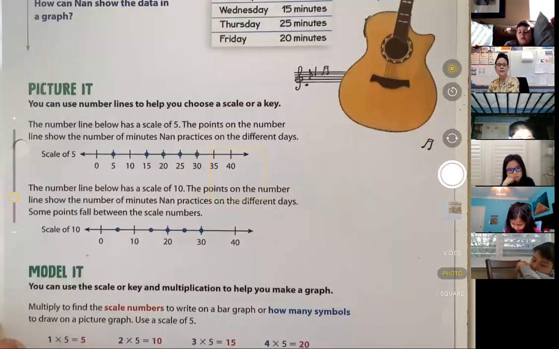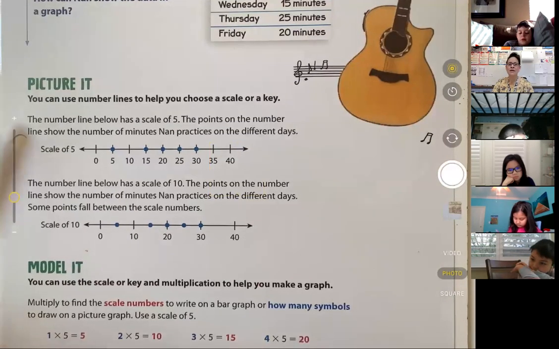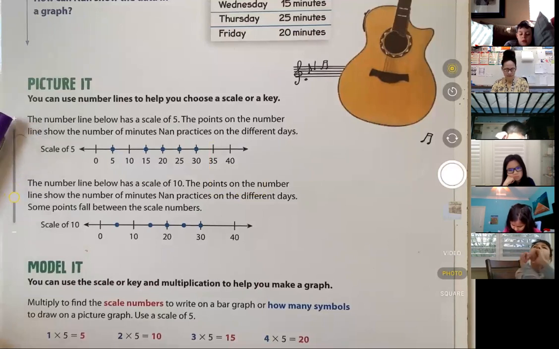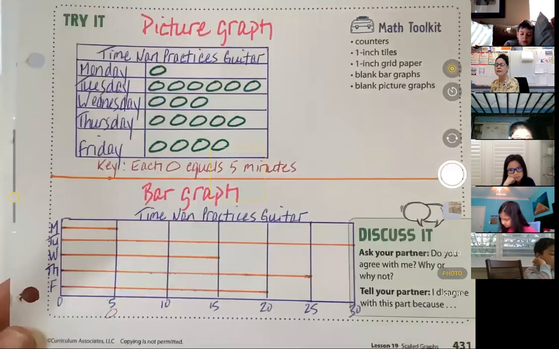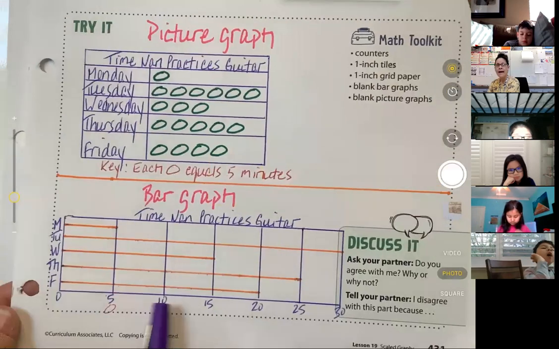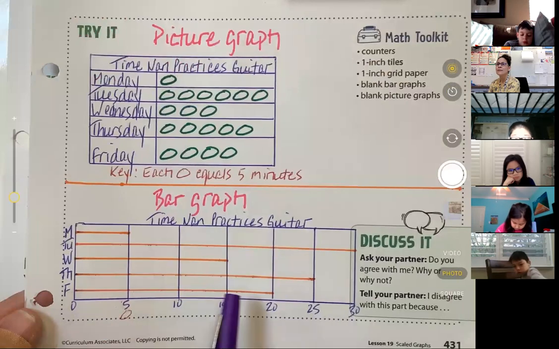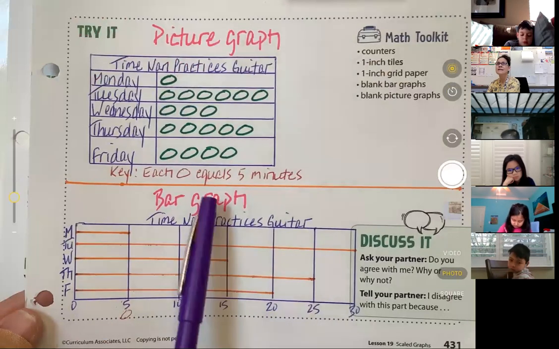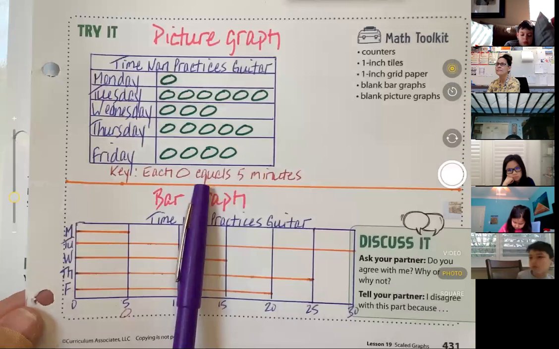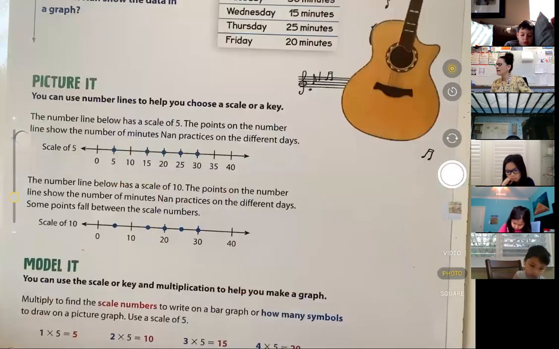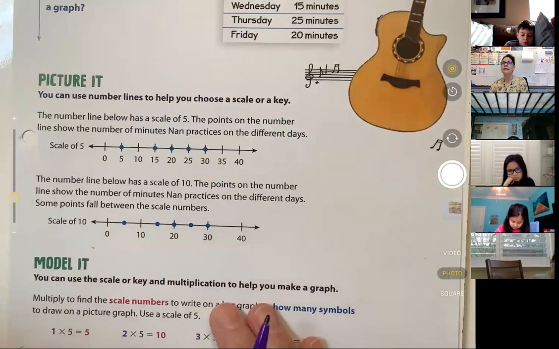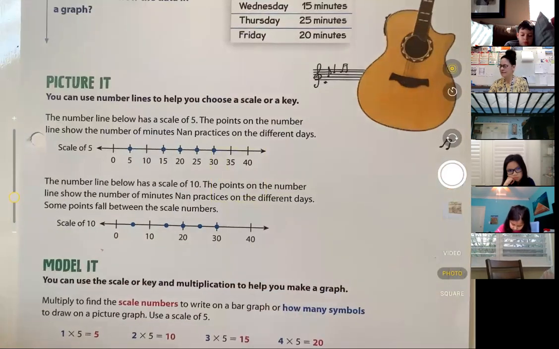So the green picture right here towards the middle of the page is saying that you can use a number line to help you choose a scale. And of course, for the scale on the picture and the bar, we're talking about how do we select these numbers? How do we select this key? A number line is going to help you make that choice.